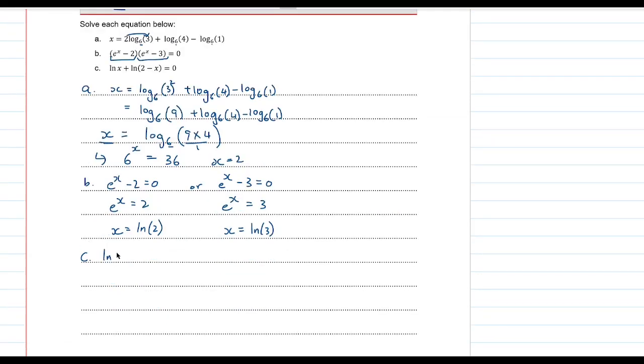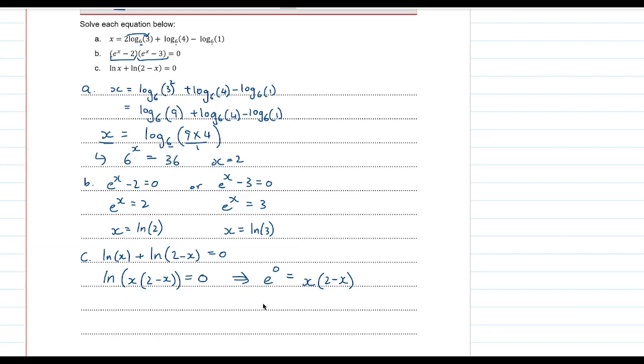Okay, C, ln x plus ln of 2 minus x equals 0. So again, we can combine this by multiplying the brackets because they're being added. And we can rewrite this as e raised to 0 equals x times 2 minus x.